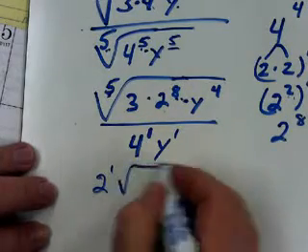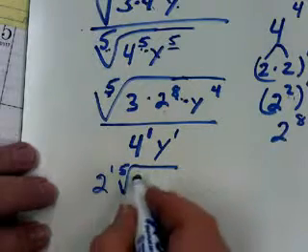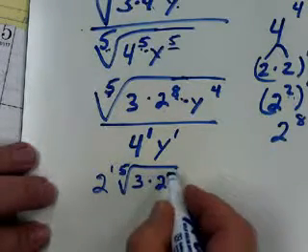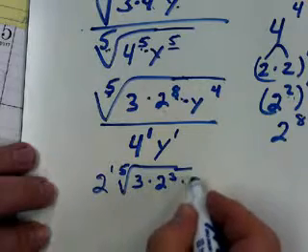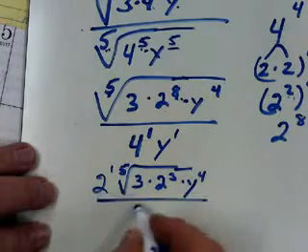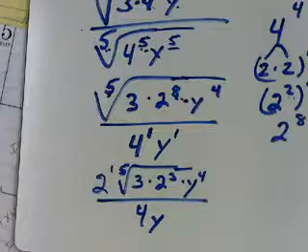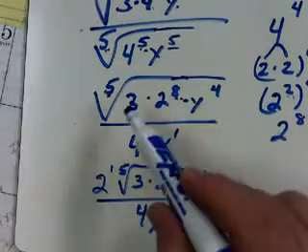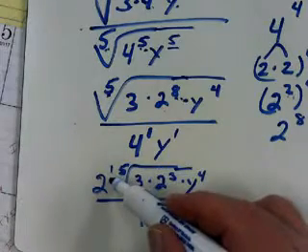The 5th root of 3 times 2 to the 3rd times y to the 4th over 4y. Why is it 2 to the 3rd? Yeah. 8 divided by 5 is 1, with 3 left over.